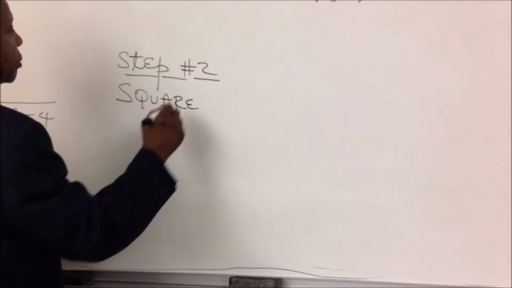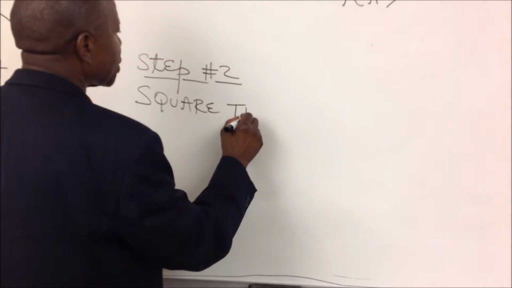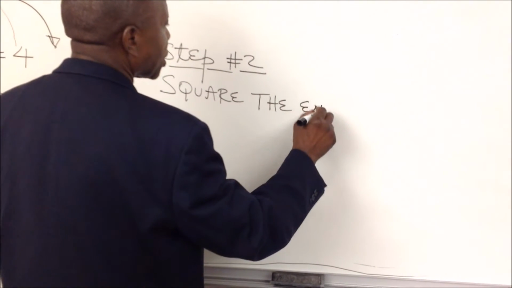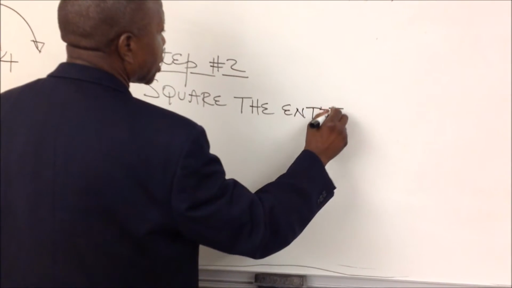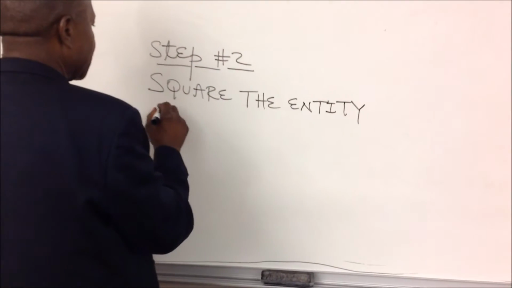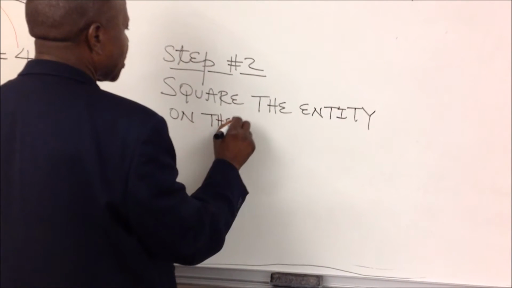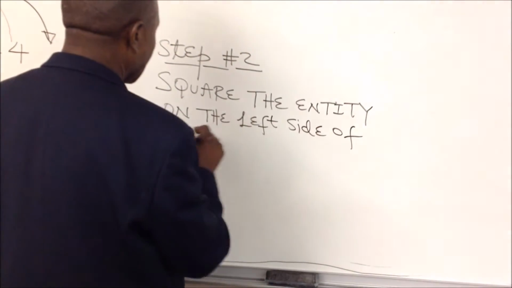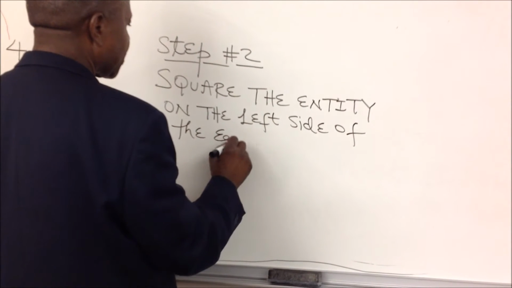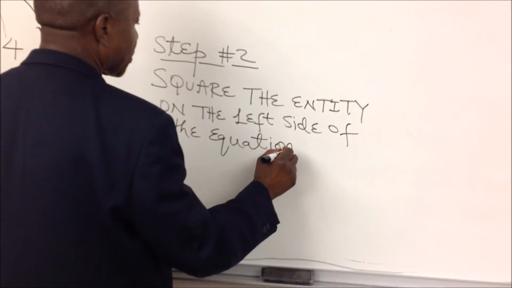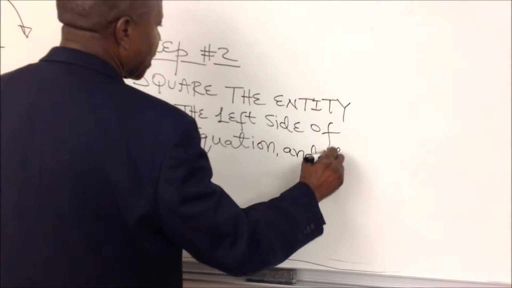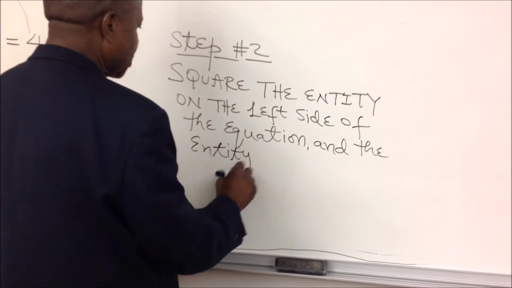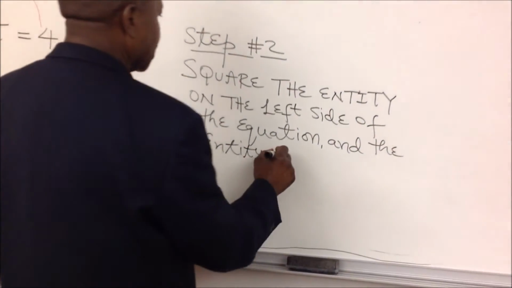Square the entities on the left side of the equation and the entity on the right side of the equation.